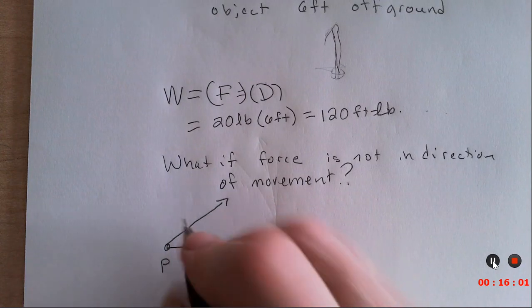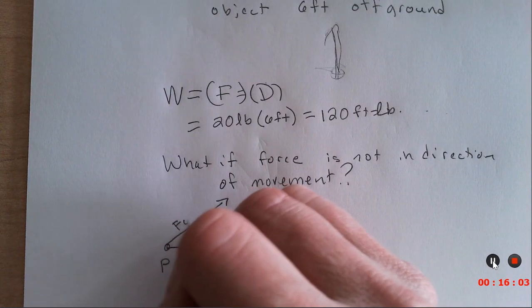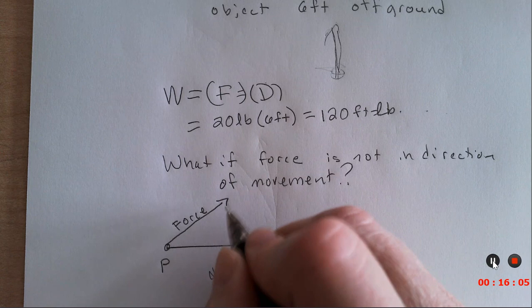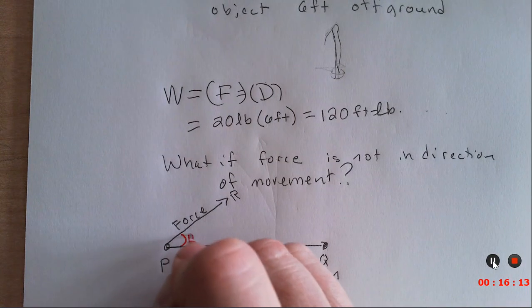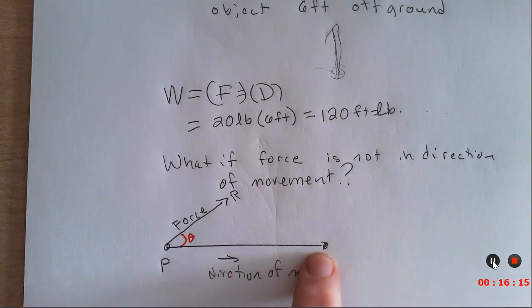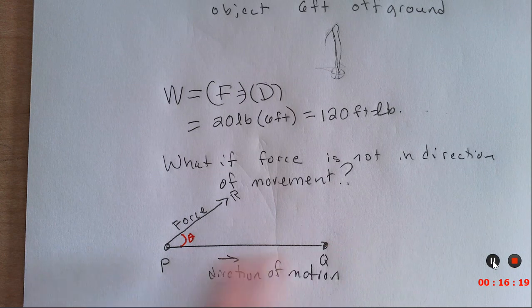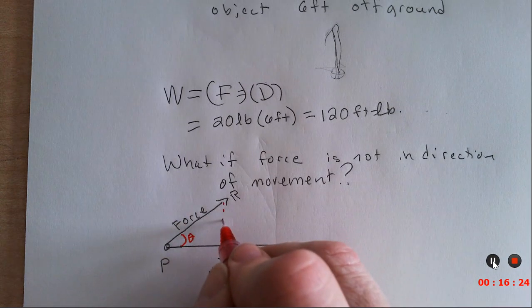But I have a force that's going in a different direction. So this is my force. And I'm heading toward a point R there with my force. Then I have an angle between the line along which the distance is being traveled and the force vector.